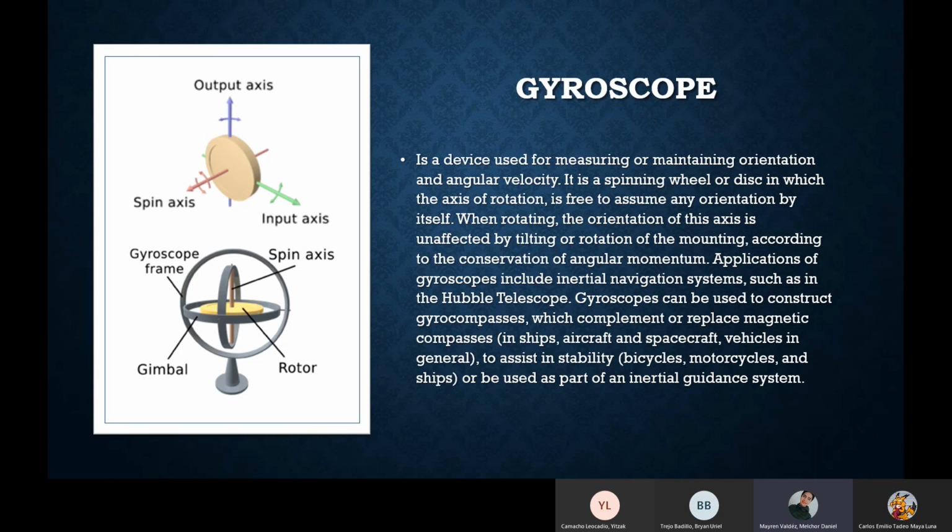Applications of the gyroscope include inertial navigation systems, such as in the Hubble telescope. Gyroscopes can be used to construct gyrocompasses, which complement or replace magnetic compasses in ships, aircraft, and spacecraft, and vehicles in general to assist in stability. Bicycles, motorcycles, and ships also use them as part of an inertial guidance system.